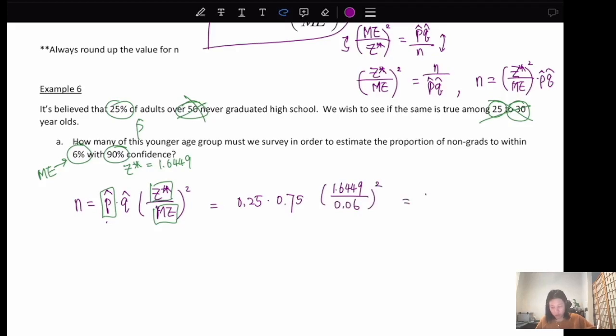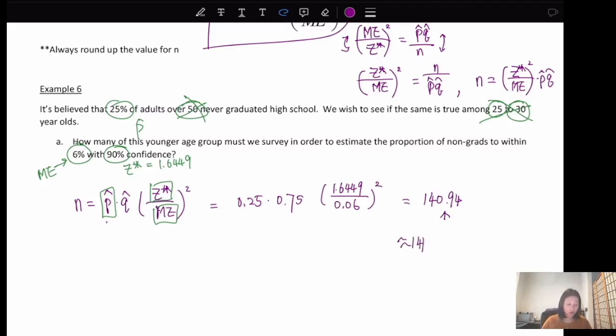So that gives you 140.94. Since we need to be reasonable when we draw our conclusion, we want to know the sample size, how many people we want to survey. It doesn't make sense to survey 0.94 adults, right? So I want to round this to 141.